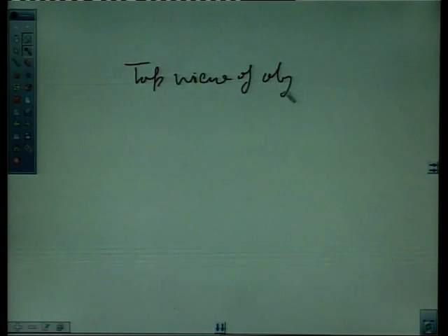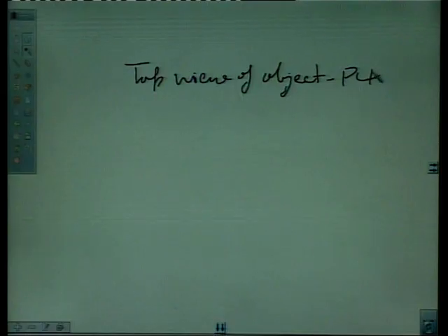So, we will briefly discuss what is plan. Plan is top view. Elevation is front view of object.